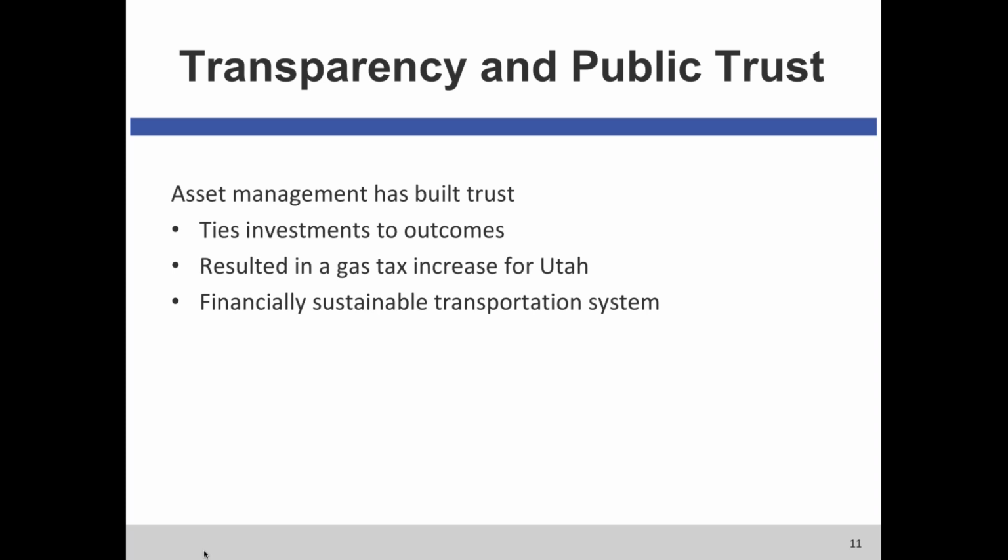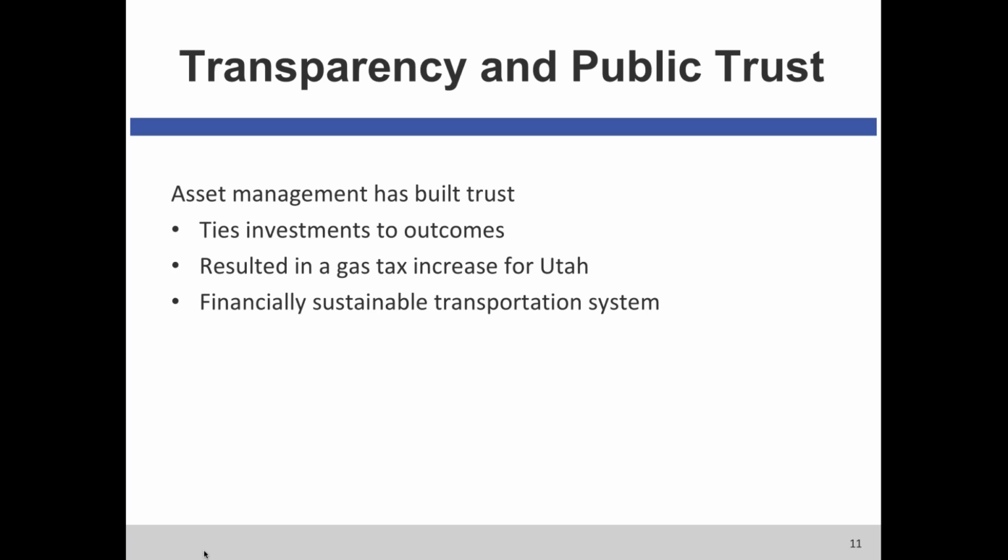Because we've been consistent, we've been able to show that at this investment level, this is going to be the condition level for our pavements in these different classes of pavements that I talked about earlier. Because the legislature saw our pavement conditions on our low volume roads projected to go down over time, and because they understood that good roads cost less, they did not want to pass on an unfunded liability to the children of Utah.